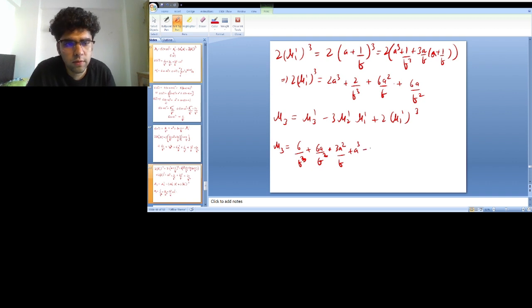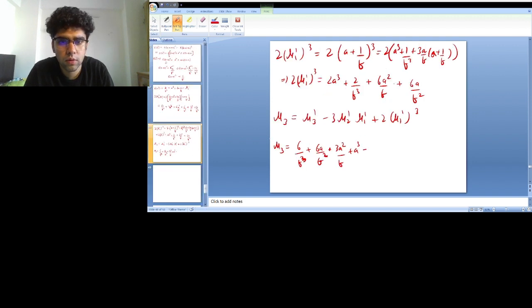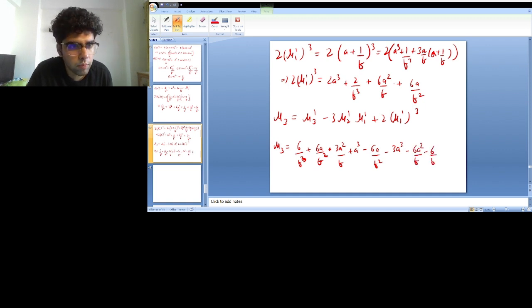So now minus of this whole term, this gives me minus 6a upon b square, minus 3a cube, minus 6a square upon b, minus 6 upon b cube, minus 3a square upon b, minus 6a upon b square.